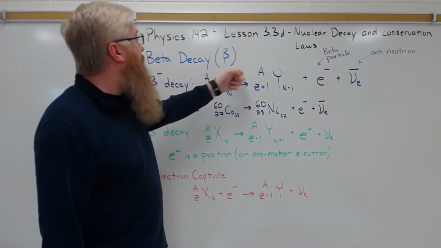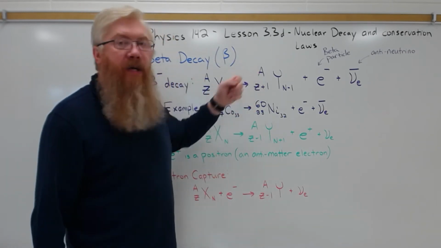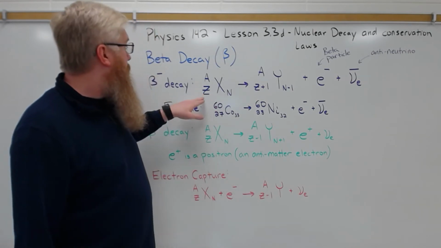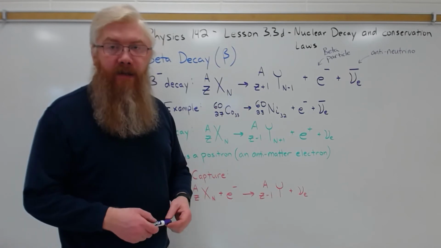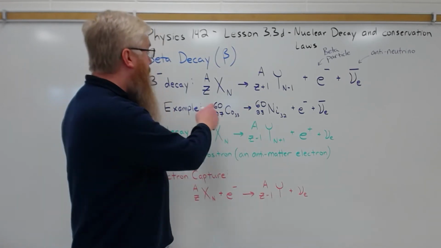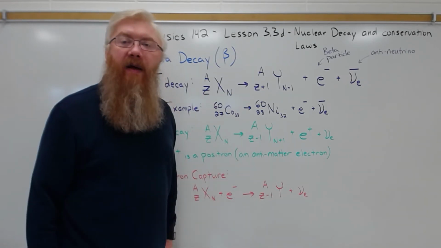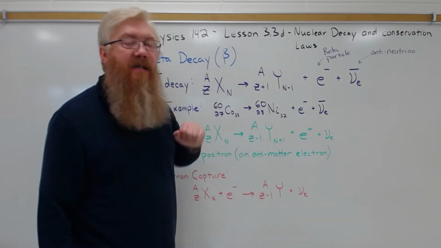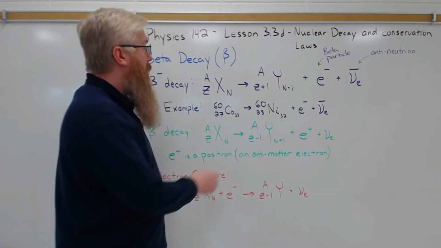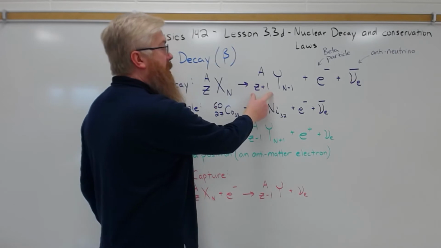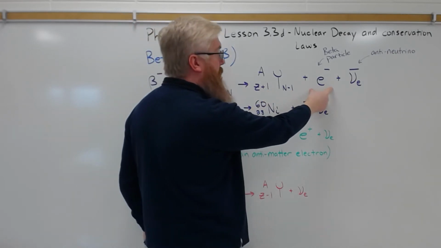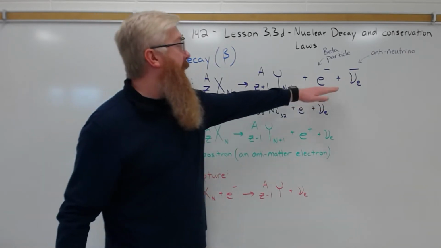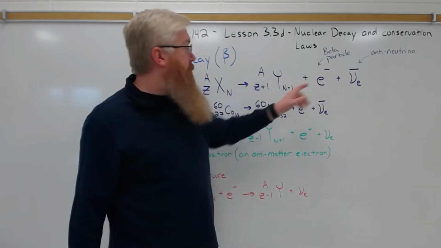So there's the same number of nucleons in the daughter nucleus here, but conservation of charge says that if we started off with Z positive charges on the left side, we have to have Z positive charges on the right. Well, here we have Z plus 1. So the only way we can get Z is if we add a negative charge to it, right? Z plus 1 and adding a negative 1 takes away that additional 1 here.